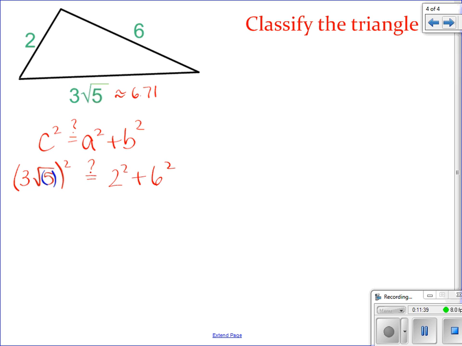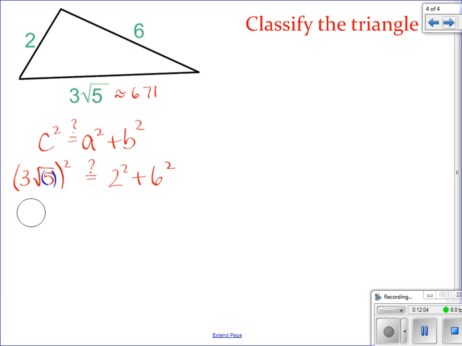Okay, if you do this correctly, you should get 45. Make sure you have a parenthesis to start, and then a 3, then square root, close your parenthesis, squared. Okay, essentially this is what you're doing. I'm going to move this down.